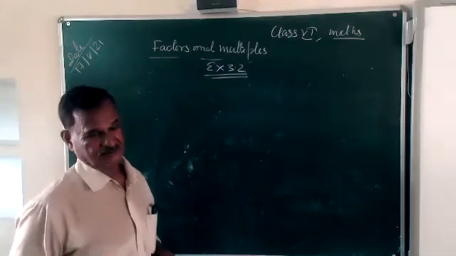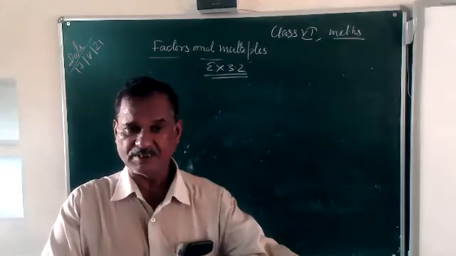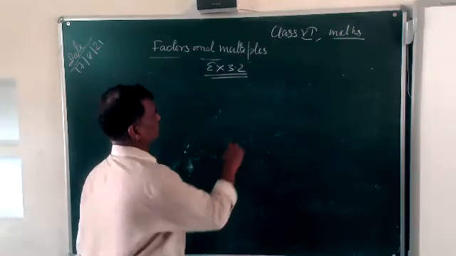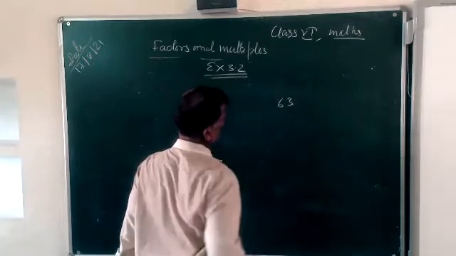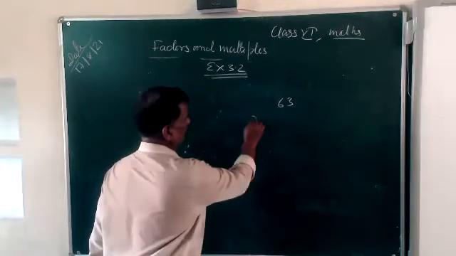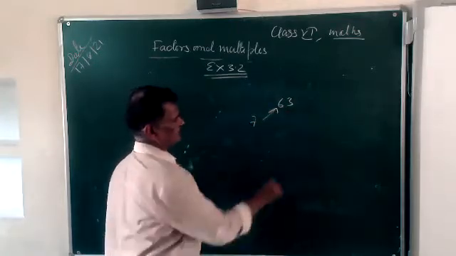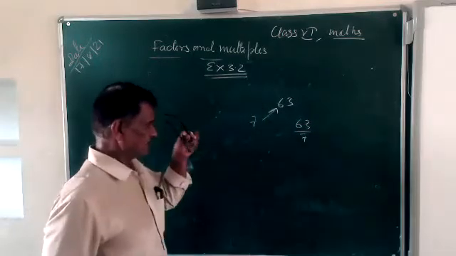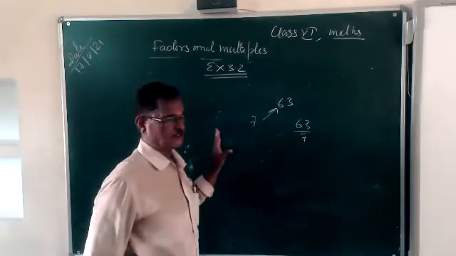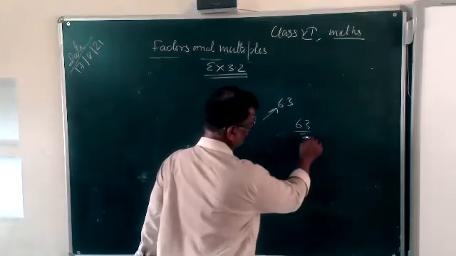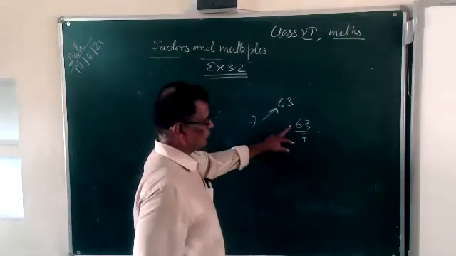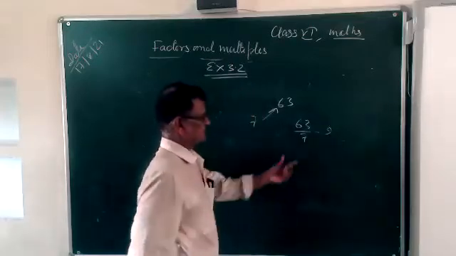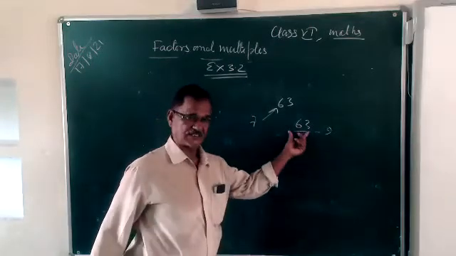For any number, whether it is a factor of a given number or not: suppose I ask whether 7 is a factor of 63 or not. If 63 is divisible by 7, then 7 is a factor of 63, otherwise not. So you divide 63 by 7, 9 times coming, so you can say that 7 is a factor of 63.